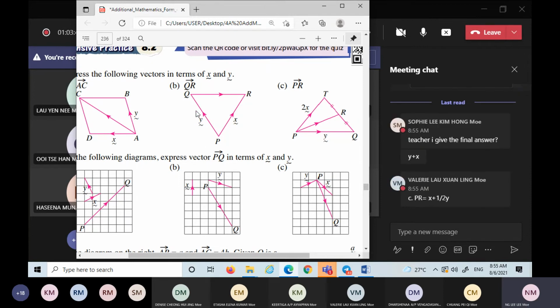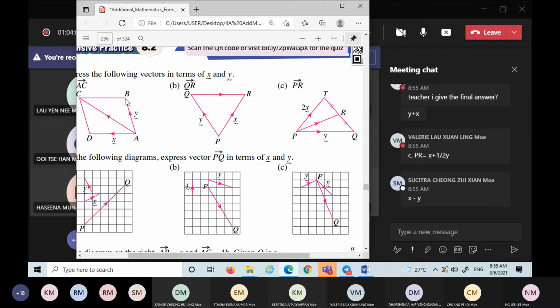That's simple. AC is using the parallelogram law. You see the 3 vectors also fall at the same starting point, so it's x plus y.